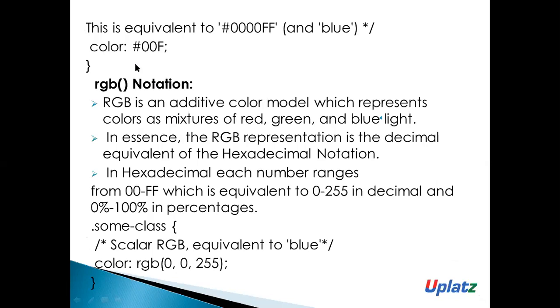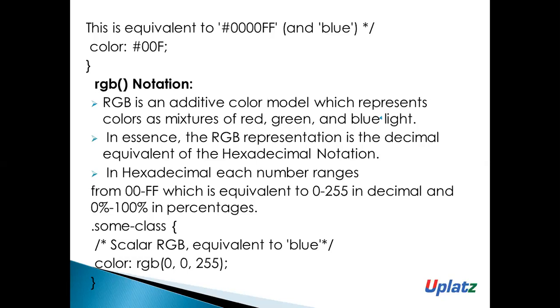So the RGB notation. RGB is an additive color model which represents color as a mixture of red, green, and blue light. In essence, the RGB representation is the decimal equivalent of hexadecimal notation. In hexadecimal, each number ranges from 00 to FF, which is equivalent to 0 to 255 in decimal, and also in percentages. In some classes, the color rgb(0, 0, 255) is equivalent to blue.